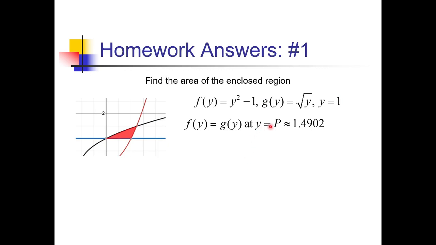So I've got y equals p, approximately 1.4902. And now I'm going to take the integral from 1 to p of my rightmost function minus the left function. So that's going to be g of y minus f of y, and I'll put a dy in there.